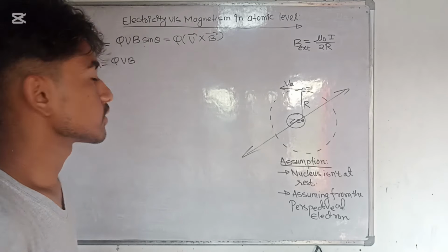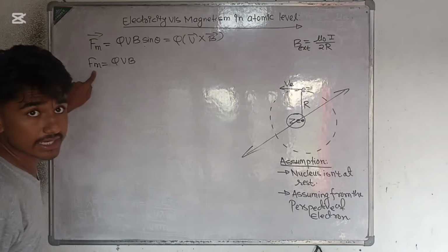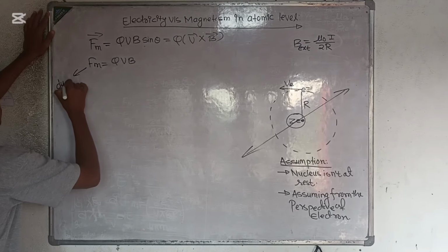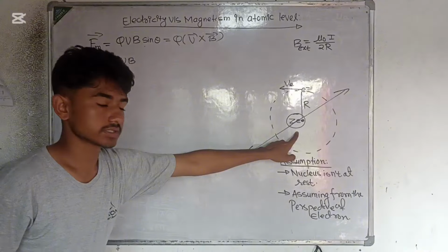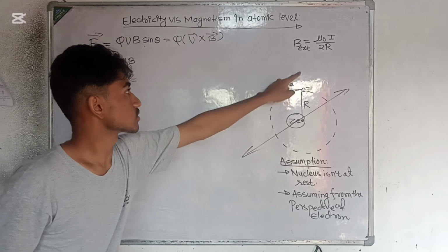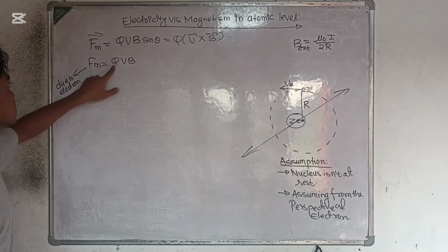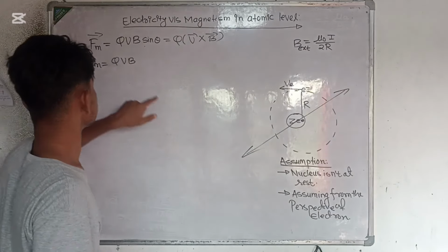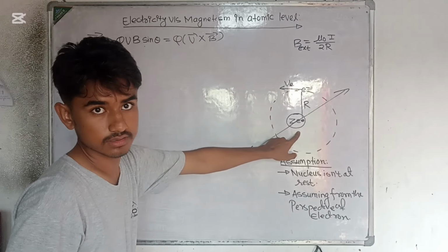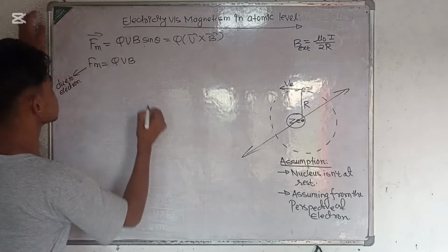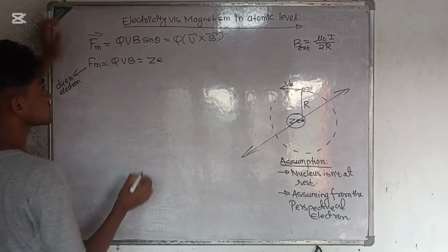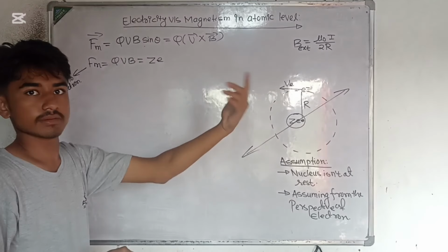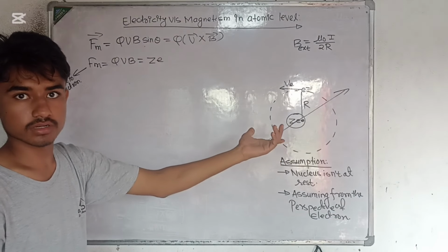Here are some terms you have to understand. Fm is the magnetic force acting upon the nucleus due to the electron's magnetic field. Q is the net charge. V is the velocity of this particle, or you can simply say the nucleus, and B is the external magnetic field. Now we can rearrange this equation: the net charge is Ze, because the charge on a proton is the same as the charge on an electron, and Z is the number of protons, right?